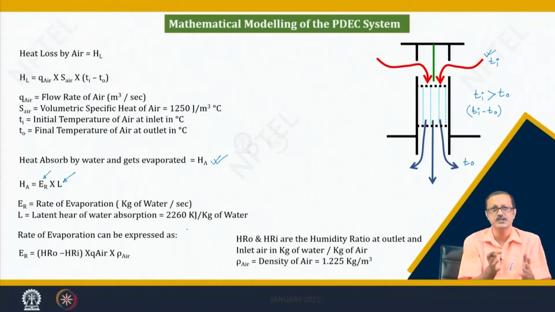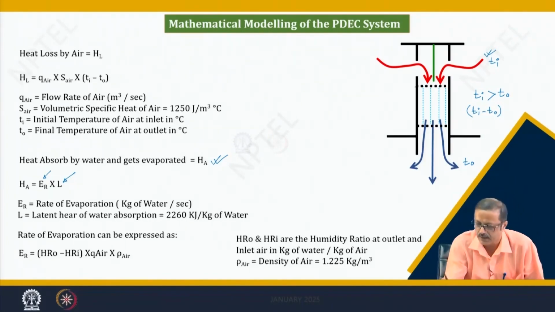The rate of evaporation can be found out from the difference between these two humidity ratios, HRO and HRI, the humidity ratio of the outlet and the inlet. O stands for outlet and I for inlet. At this point it is the outlet HRO, and at this point it is the HR inlet.